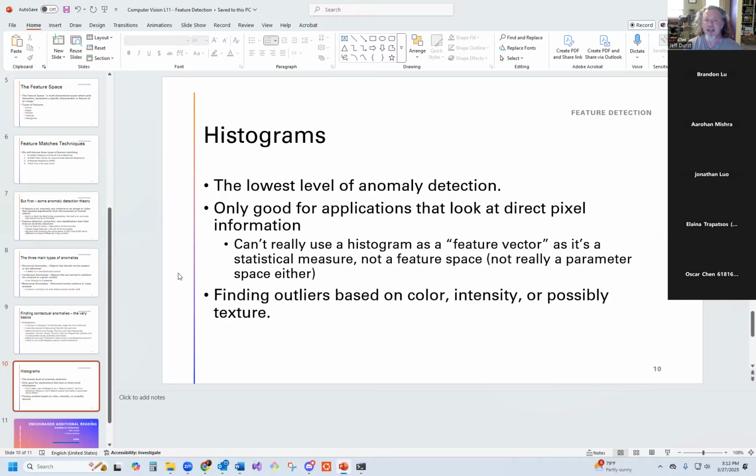But you can think of it as the feature vector for the entire image, and then you're just looking for any features that fall outside of the expected distribution. Like I said, it's only good for applications using information inside a pixel, and even then, it still has an extremely high false alarm rate.